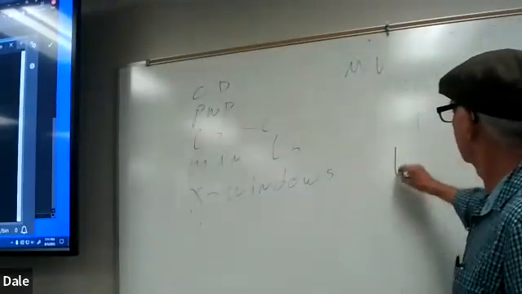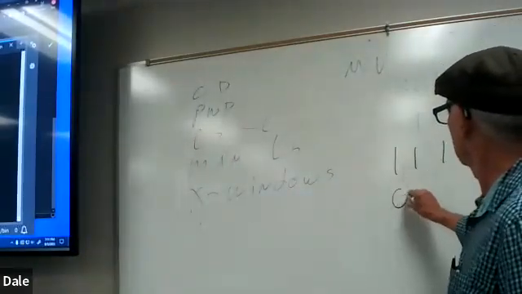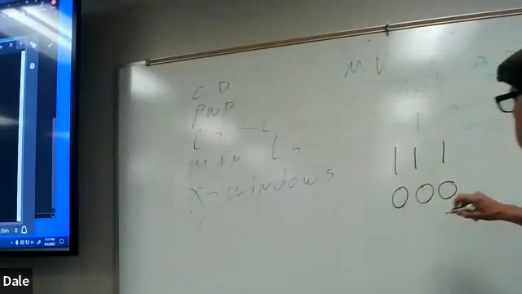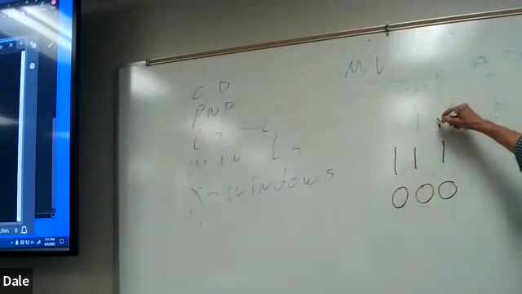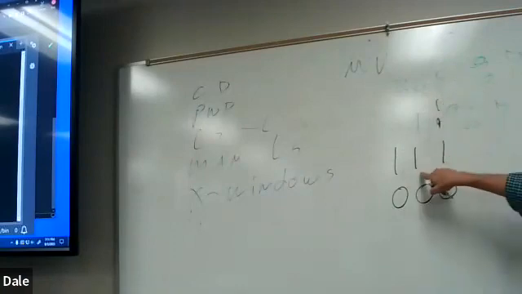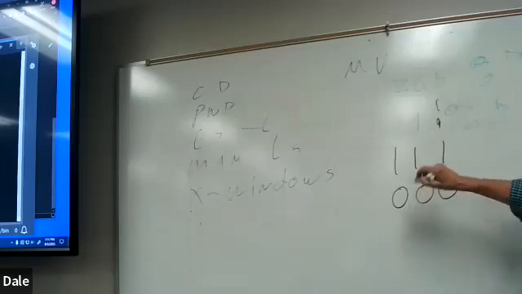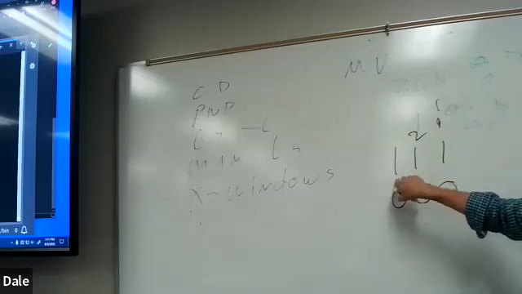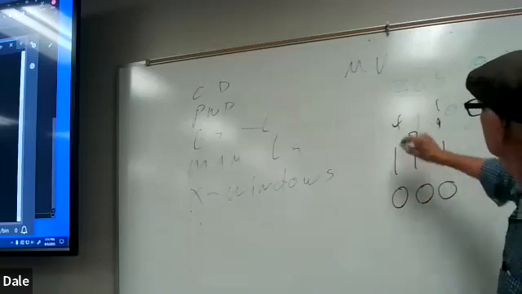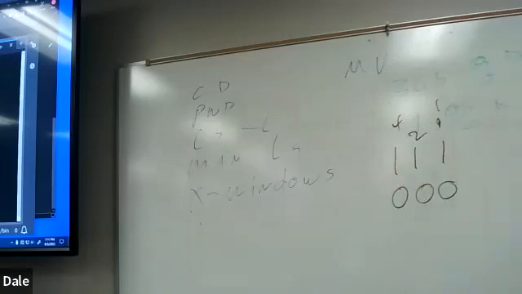When you have 3 bits and it goes here, how much is this one worth? 1. That one is 2. That one is 4. Bingo! Yay! That's the max we can get. All on.